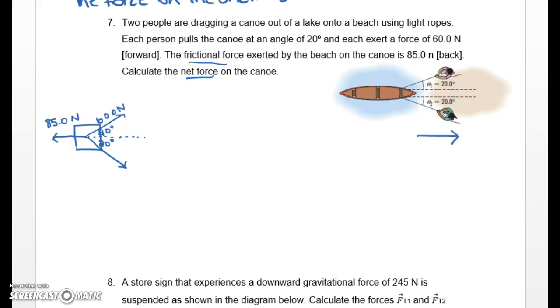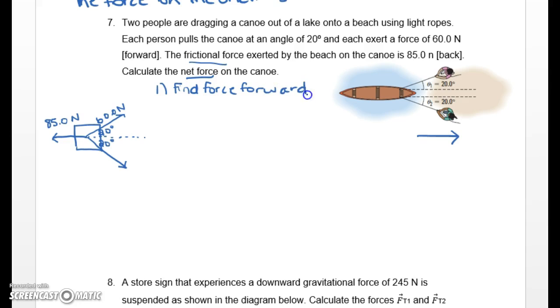In order to find our overall net forward motion, or that force to the right, we need to calculate what total forward force is being applied by both people pulling on the canoe, and then find the difference between the two forces. So we're going to find the forward force, the force that's going forward.